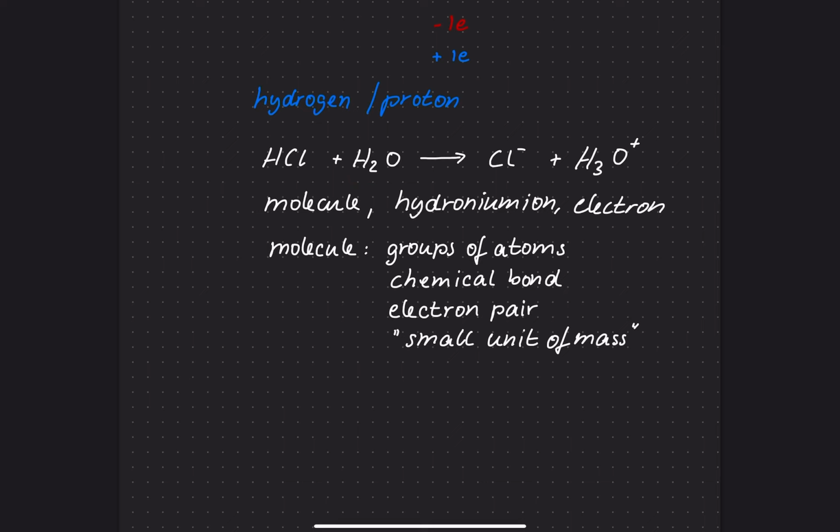We have 2 hydrogen and 1 oxygen. And molecule means that groups of atoms with a particular ratio form a chemical bond. And all that meaning is contained in the small word molecule.